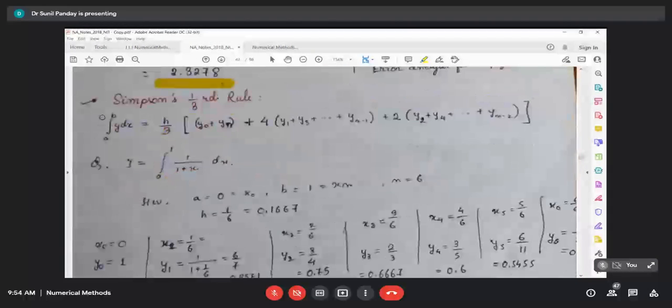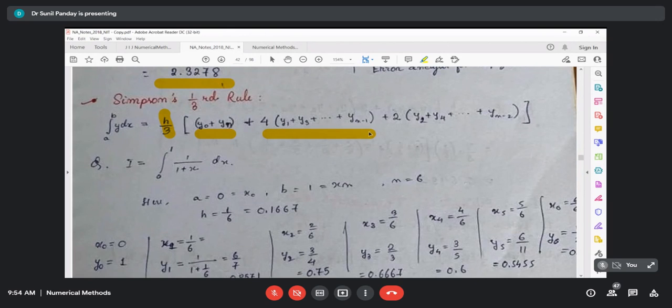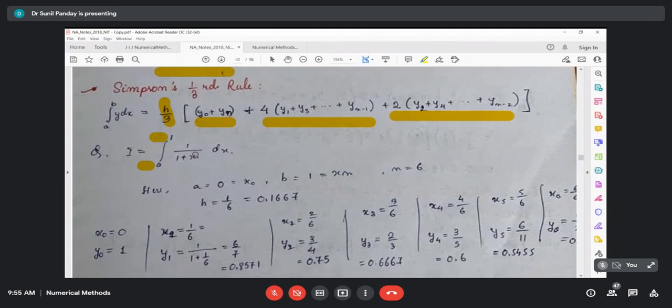So this is Simpson one-third formula, integral a to b y dx, equals h by 3 times y naught plus yn plus 4 times odd indexes plus 2 times even indexes. Now this is the integration, like I have to do 0 to 1, 1 upon 1 plus x dx. So this is what I have to calculate.